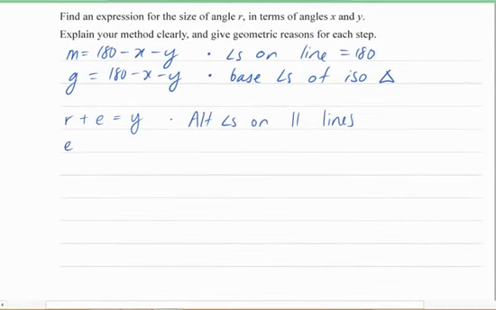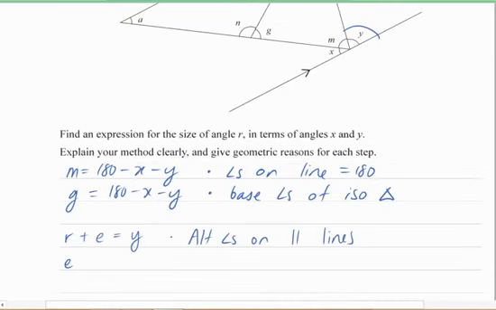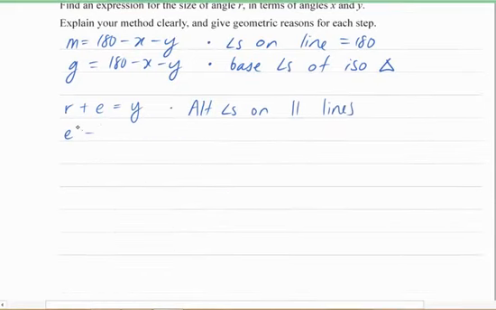So E is inside this triangle here. Okay, we know G and we know M, so we're going to take those away from 180. So we're going to say that E is equal to 180 minus M, which is this thing here, minus G. So I'll write that out again: 180 minus (180 minus x minus y) minus (180 minus x minus y).